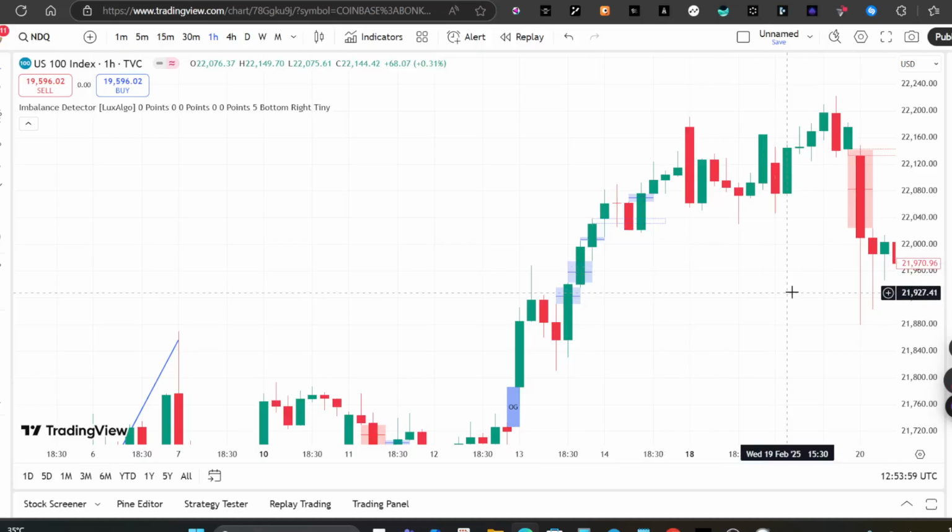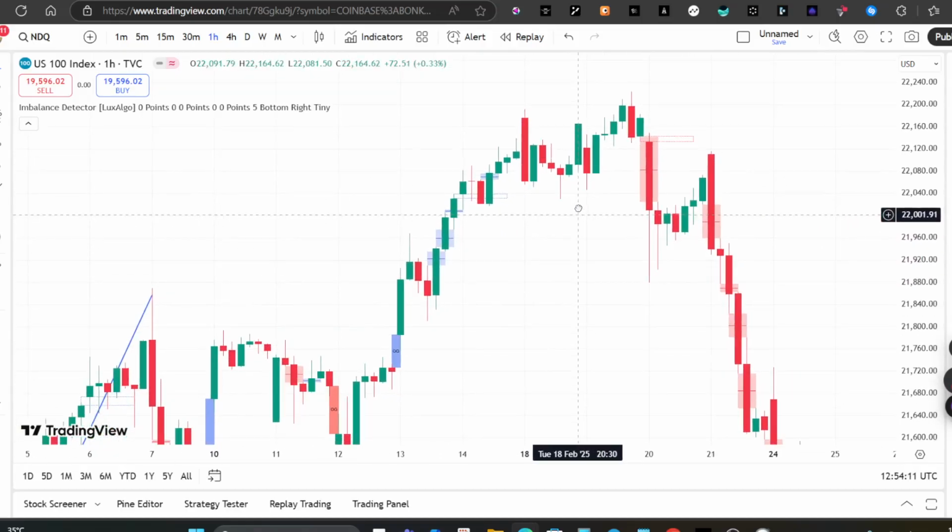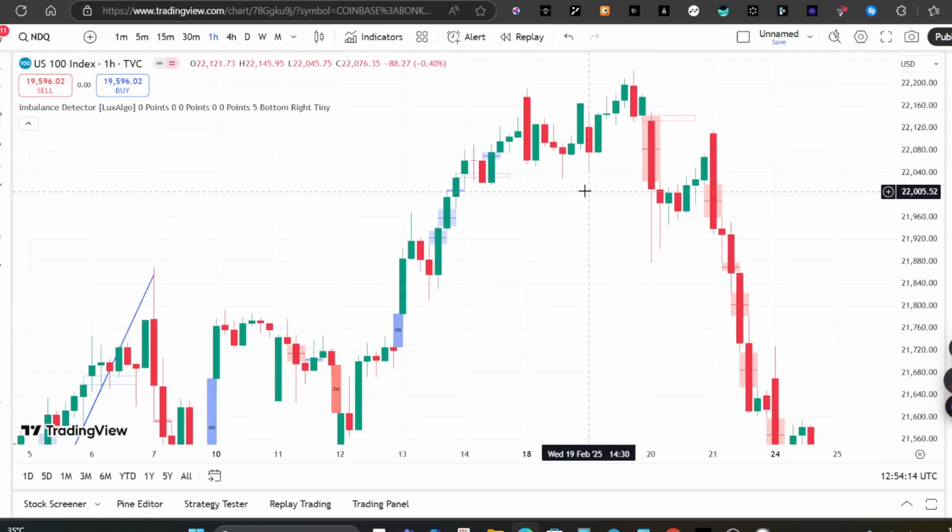Now, these setups can be used on multiple time frames, whether you are scalping, day trading, or even swing trading. At this point, you might be wondering, how do I actually use this in my trading? Here's how. First of all, pair imbalances with technical analysis.